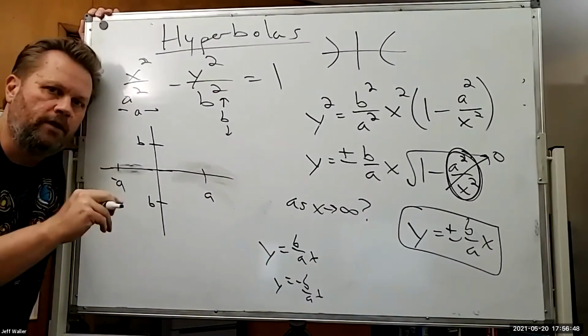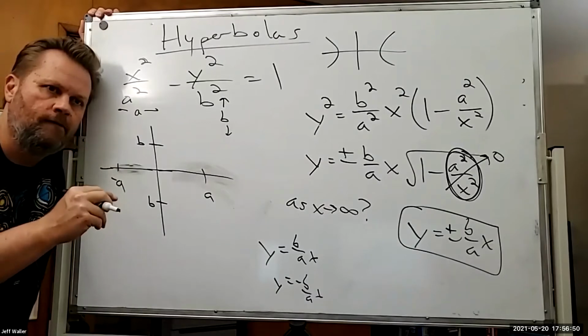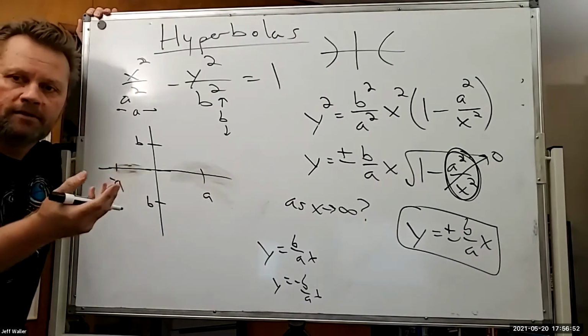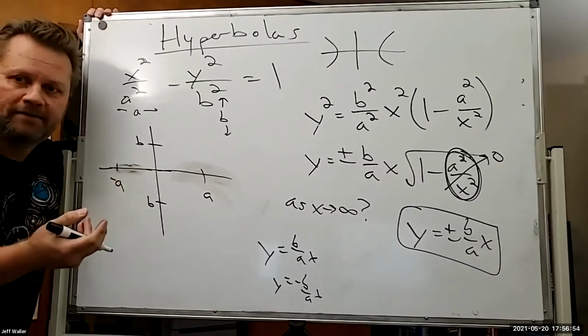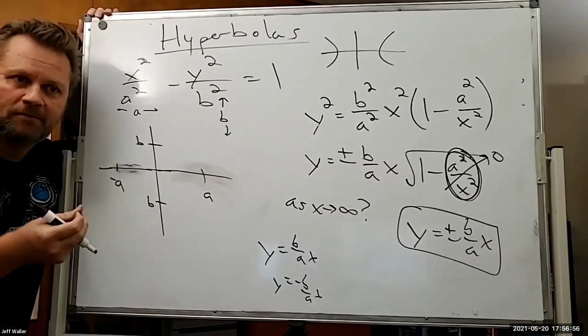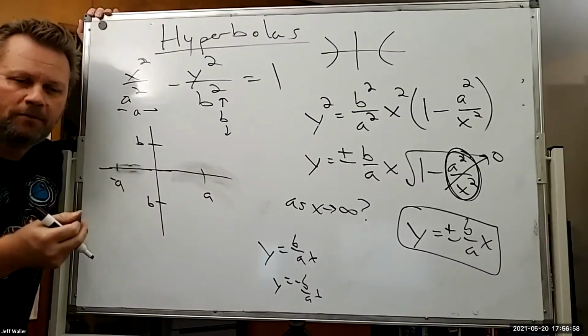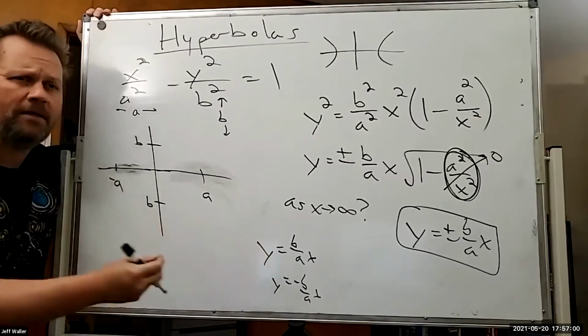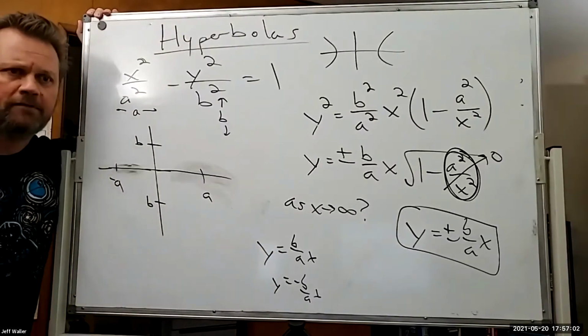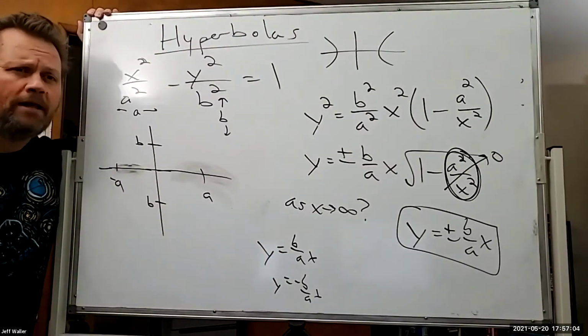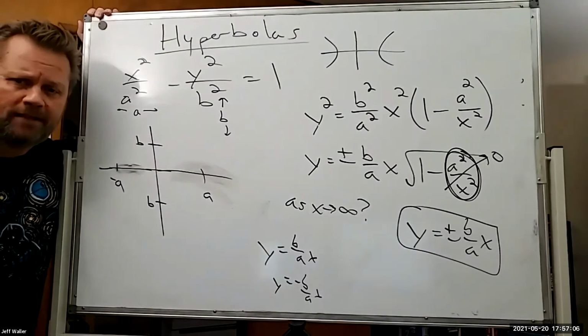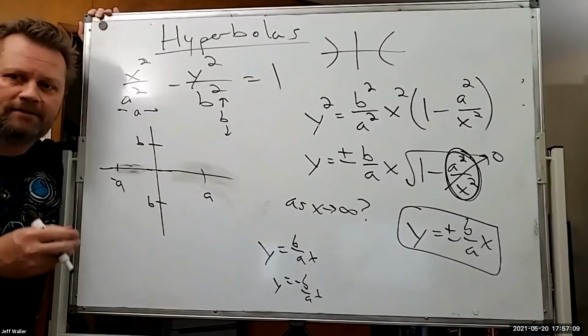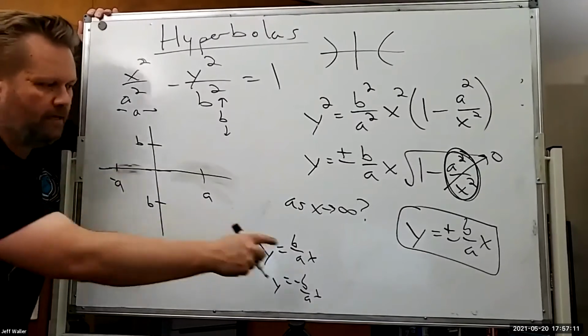What is that the equation of? Y equals number times x. Yes! It's the slope of the thing, right? It's exactly a rise over a run.